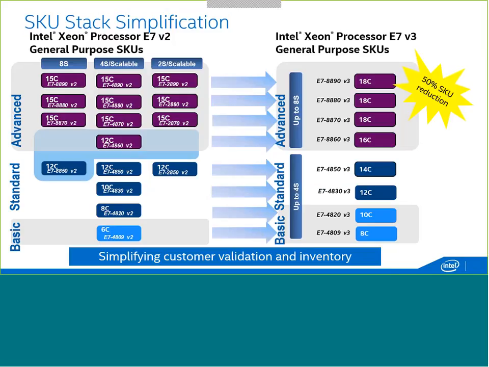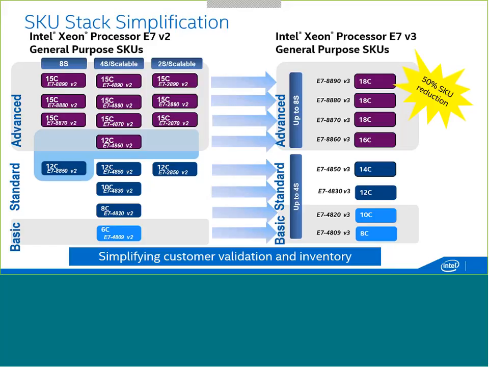Even on an E7, we have 1 entry level processor. The basic usually comes with no hyperthreading or no turbo boost. So the standard and advanced have those features built into them and are more scalable per se, especially with licensing models. There were a lot of SKUs on the left, so we simplified most of those E7 SKUs on the right side to a lot simpler stack.